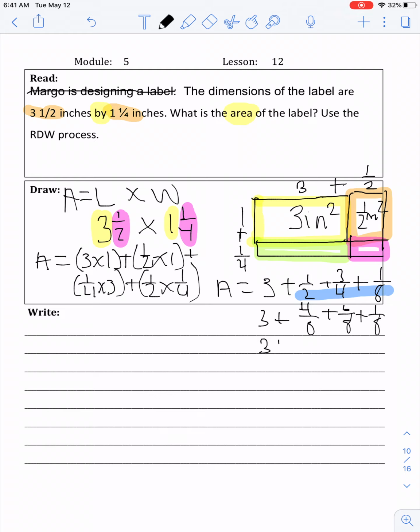So 3 plus 4/8 plus 6 is 10/8 plus 1 is 11/8.